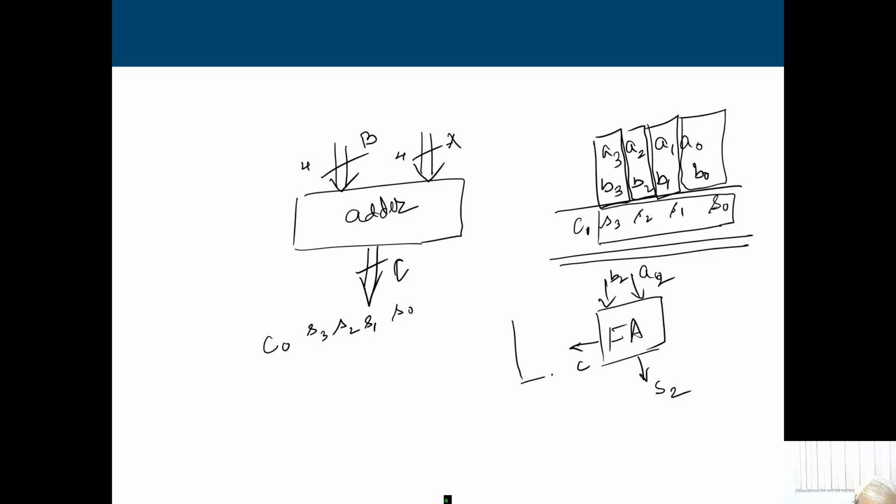This intermediate carry is coming as an input over here, and some carry will come from these things. Now, here this is your A3, B3 and this is your S3 and this is the final carry out that will come from here.